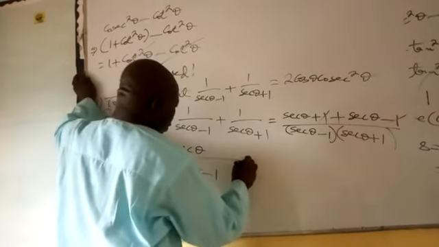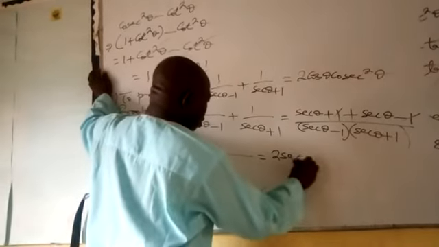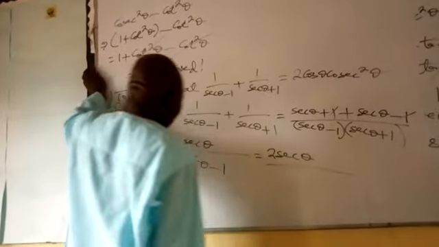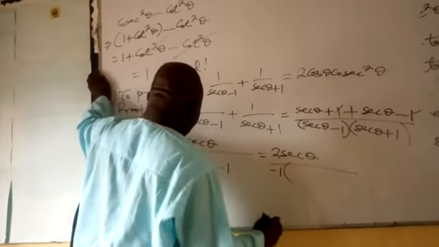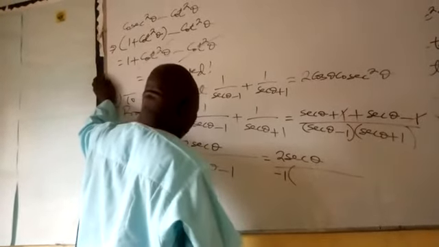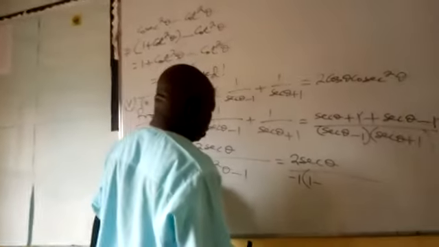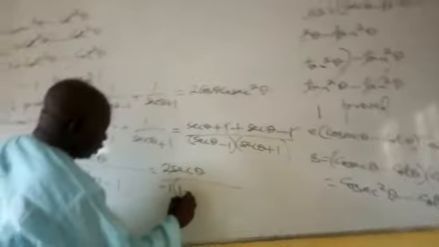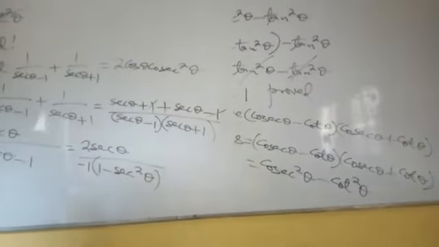This is going to be 2 sec theta over minus 1 into 1 minus sec square theta. Yes, I think I can write that.